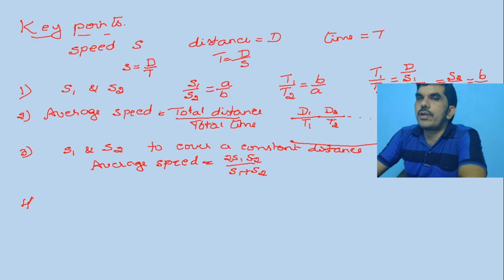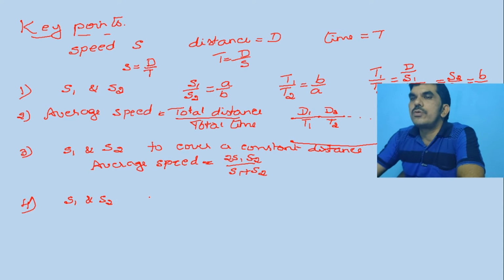Now next point. Similar to the third one, two objects are moving at speeds s1 and s2 for a constant time t, for a constant duration.